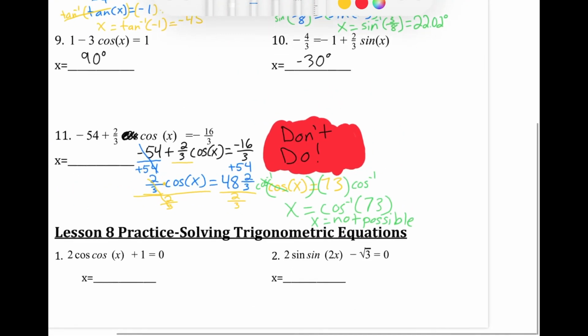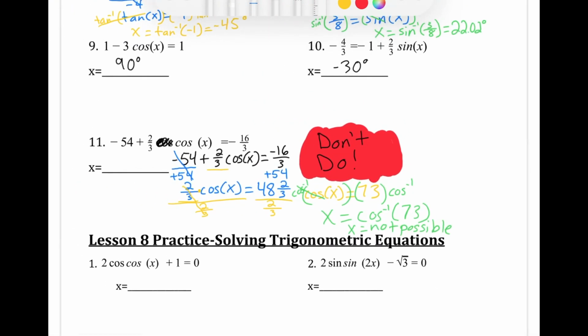So the reason why number 11 is not possible is because once you get to this point right here in the yellow where it says cosine of x equals 73. Well, this is not a fraction.